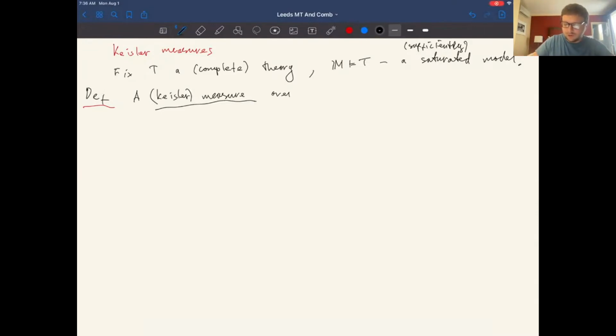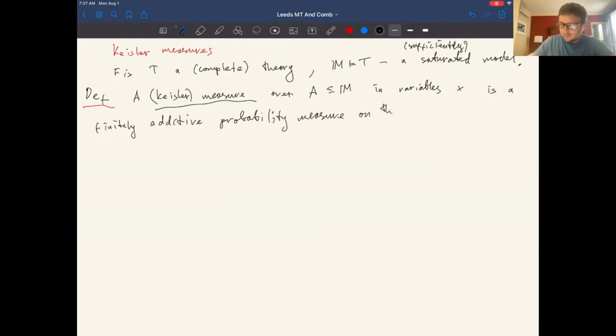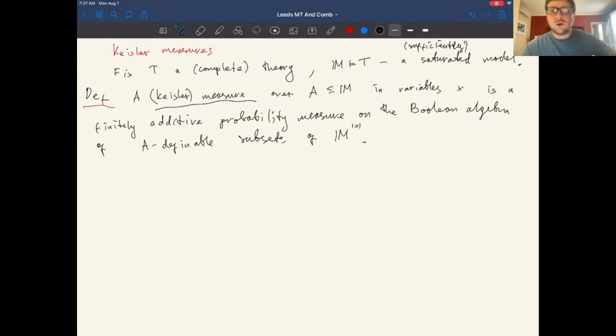So a Keisler measure over a set of parameters A inside the model, in variables x, so we fix a tuple of variables, is simply a finitely additive probability measure on the Boolean algebra of A-definable subsets of M to the power x. Okay.